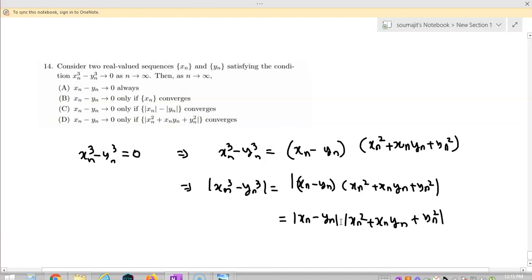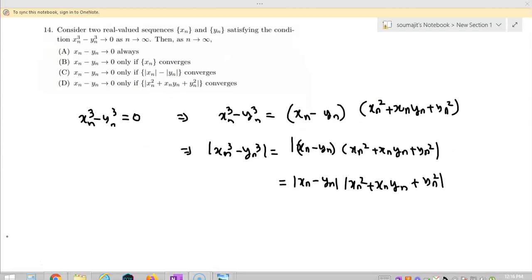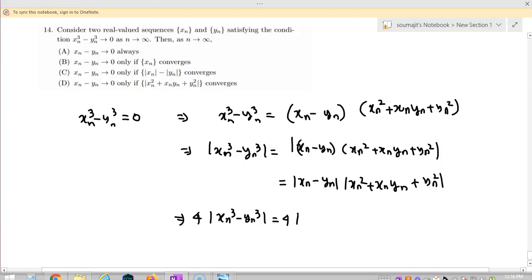Now what I am going to do, if you observe, I am just going to multiply both sides by 4. So I am going to multiply 4 into xn cube minus yn cube is equal to 4 into xn minus yn into 4 xn square plus 4 times xn yn plus 4 yn square, right?